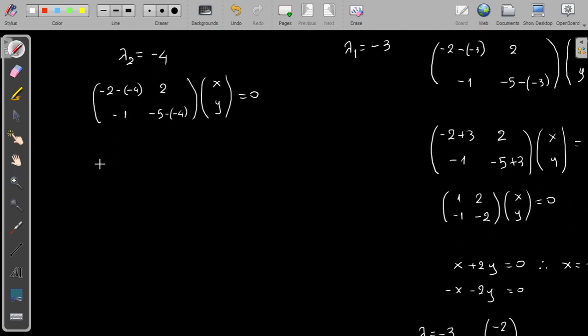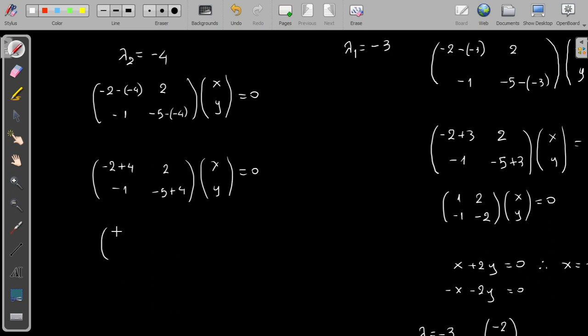Let me make the multiplications here and the simplifications. Minus 2 plus 4, 2, minus 1, minus 5 plus 4, xy equals 0.